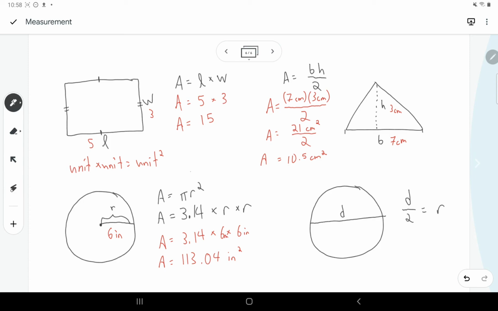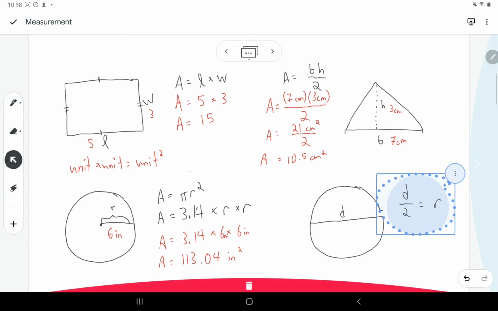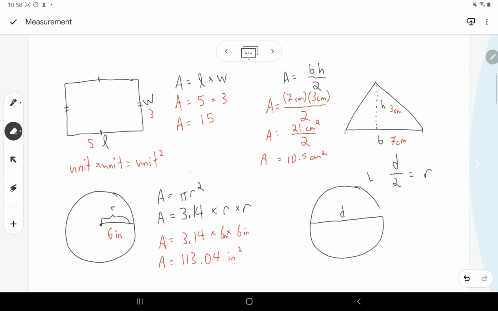Okay, so for example, just give myself a little bit more room here. Oh no, I removed a part of my circle. Oh well. If we, for example, had a diameter of, say, 4 feet, we could have 4 feet divided by 2 to get our radius, and the radius would be, at that point, 2 feet, since 4 divided by 2 is 2. And then we can use our formula.